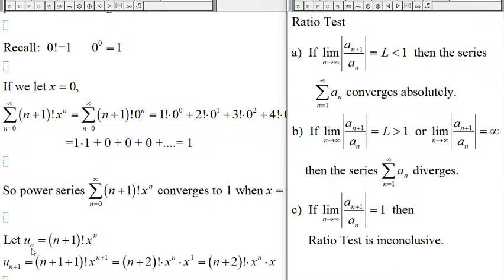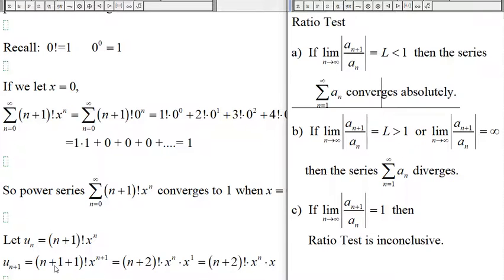So here we let u sub n be (n plus 1) factorial times x to the n. For u sub n plus 1, in the place of n we put n plus 1.